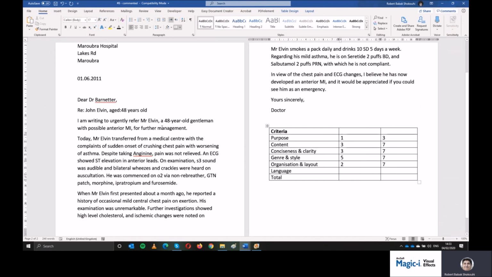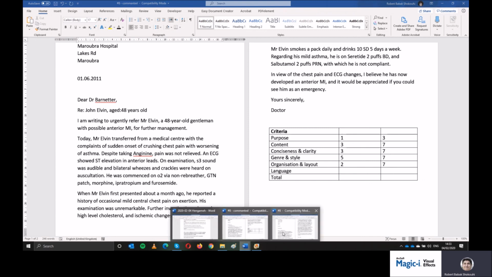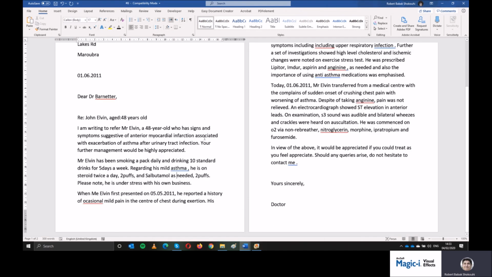Language. We had some mistakes. You didn't write gentleman, I think. Signs and symptoms suggestive of anterior myocardial infarction, that is very wordy, actually. 5 days a week, you need to put a space here, 2 puffs, you need a space here.